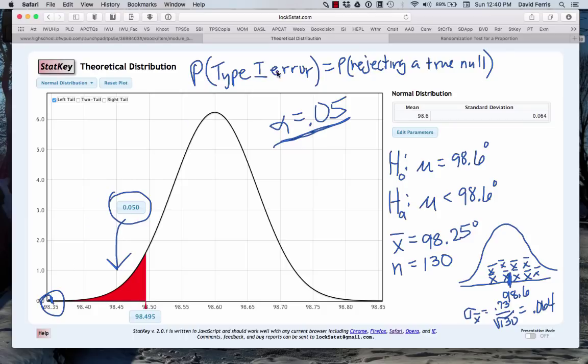If the type 1 error is the probability of rejecting a true null, well, we're under the assumption that the null is true. This model has been drawn under the assumption that the null is true. So what's the probability that a sample mean is going to land out here if the null is true? Well, it's 5%.